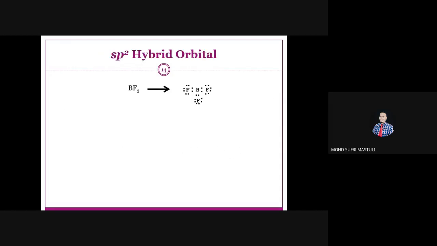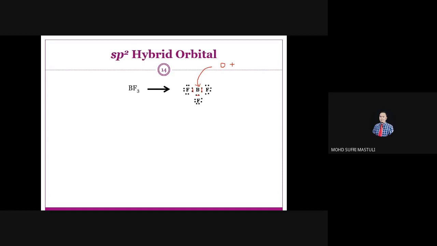Moving forward to a second type of hybrid orbital, sp2. Let's say this is the example, BF3. After you draw the Lewis structure, you find that the central atom doesn't have any lone pair, but it has three bonding pairs: one pair, two pair, third pair.